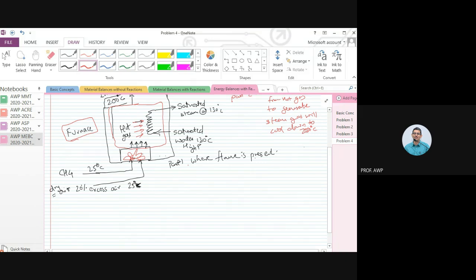Okay. So part 1, where flame is present, it is like an instantaneous combustion. As soon as that methane comes in contact with air, we have provided a spark by way of a lighter, or we have provided an ignition source by putting a burning matchstick to it. It instantaneously burns.